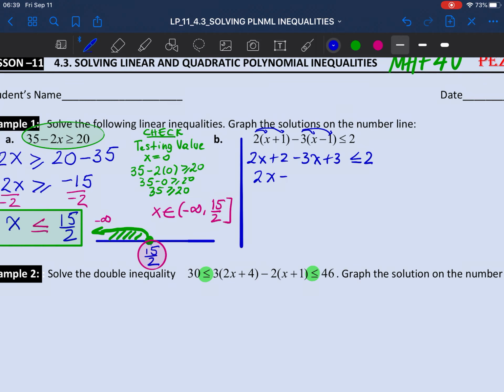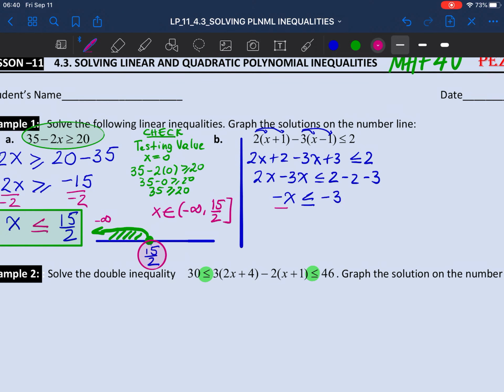So 2x minus 3x, they're already on the left side, so nothing changes to these terms. Less than or equal to, this number 2 is already on the right side, so nothing changes to it. This number 2 will come to the right side, so it will become negative 2. And the 3 will also become negative. Now we simplify each side, so negative x less than or equal to negative 3.